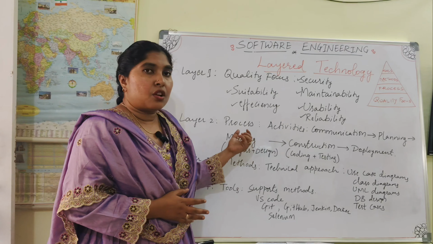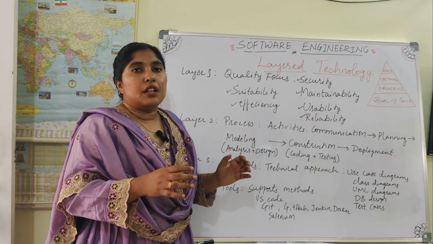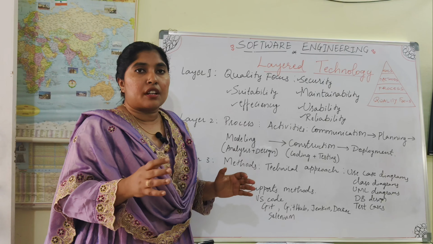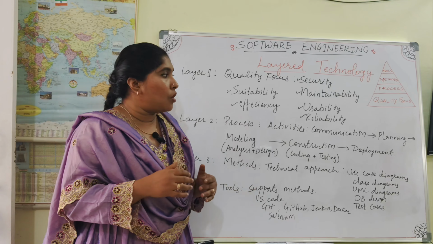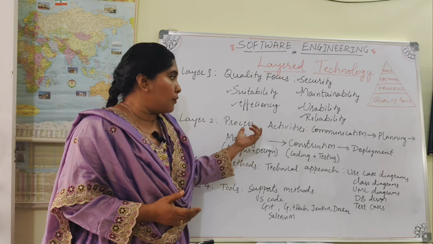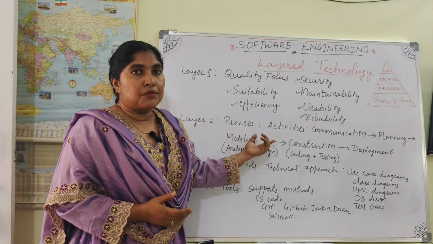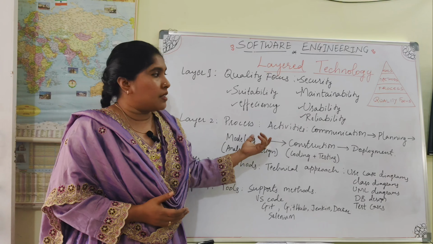Without these activities or process framework, your project will be disorganized and may not be on time and on budget. Those are the things you will face if this process framework is not there in the organization.